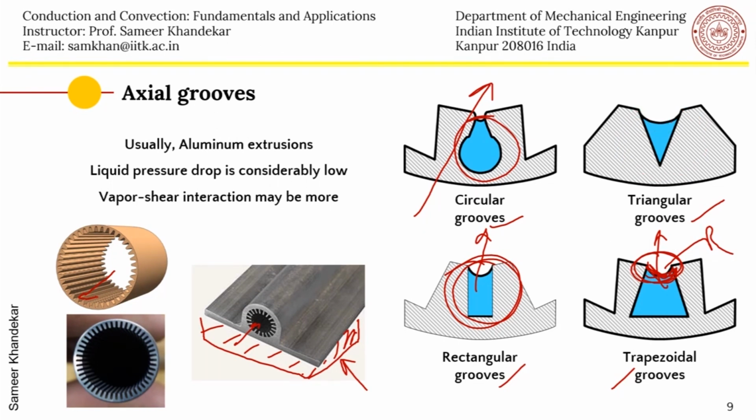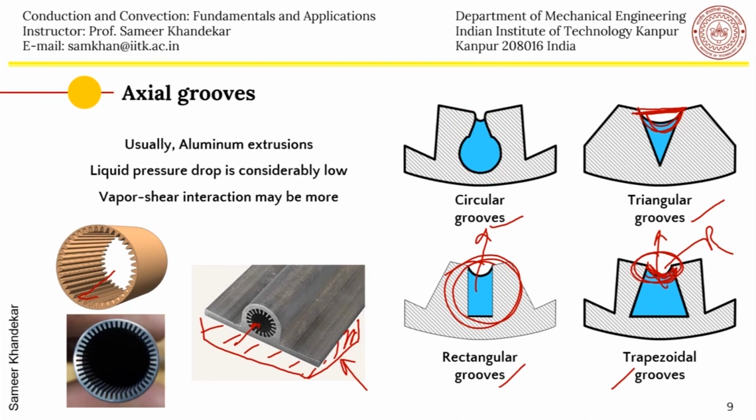So this is much better than a standard porous media like a wick or a sintered copper, which we are going to see next, because the liquid pressure drop is pretty high there. By adjusting the radius of this opening, or delta, one can control the capillary pressure.